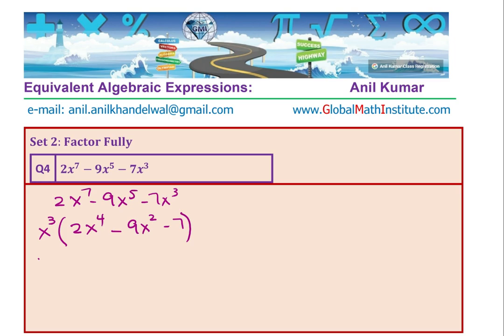So now we are looking for two numbers whose product and sum is what? Well, we are looking for two numbers whose product is equal to minus 7 times 2, which is minus 14, and whose sum is minus 9. So when you add them, we should get minus 9, correct? That is what we are looking for.